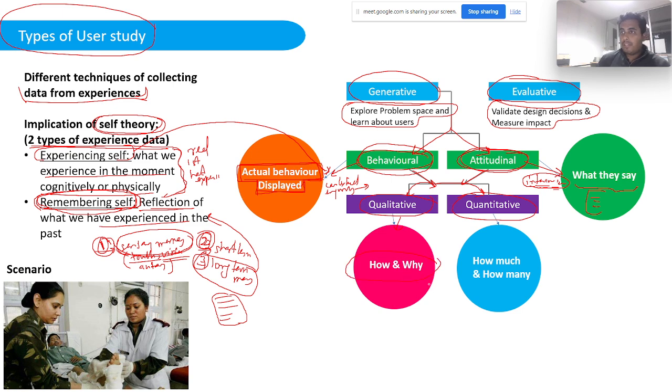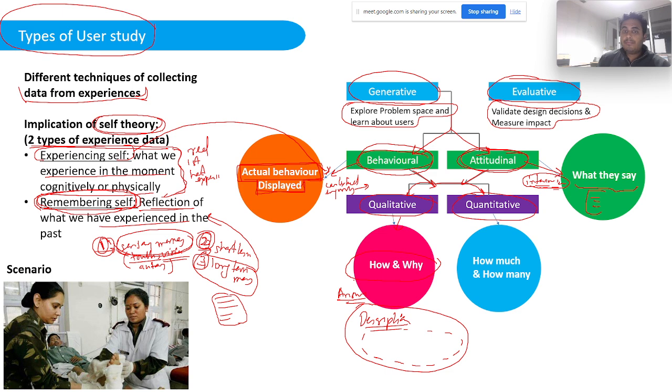For example, if we try to understand how a nurse takes care of a wound, that means we are asking a question where the answer comes in the form of a description. So the answer in the form of a description means the data is qualitative in nature. How, why, when: you ask this set of questions and we get descriptive answers.